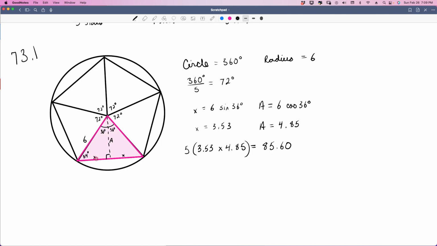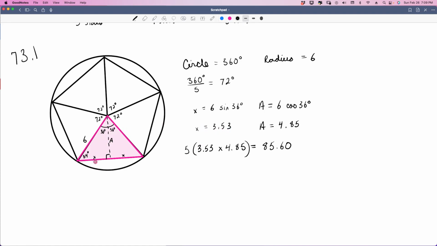And what we're going to do is label the base as x and the height of the triangle, this is your apothem, as a. So your apothem is your height. So we're going to use sine and cosine to find x and a. And we were told that this circle has a radius of 6. So with a radius of 6, we know that these sides are 6 also. For x, I found 6 times the sine of 36 is equal to 3.53.